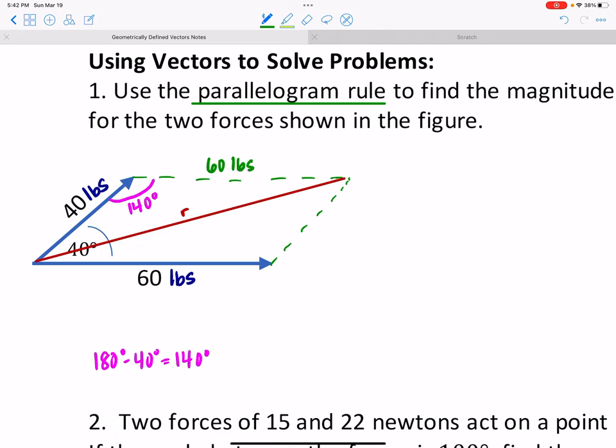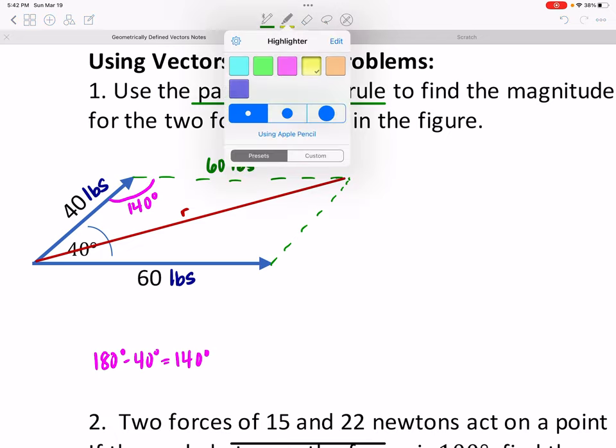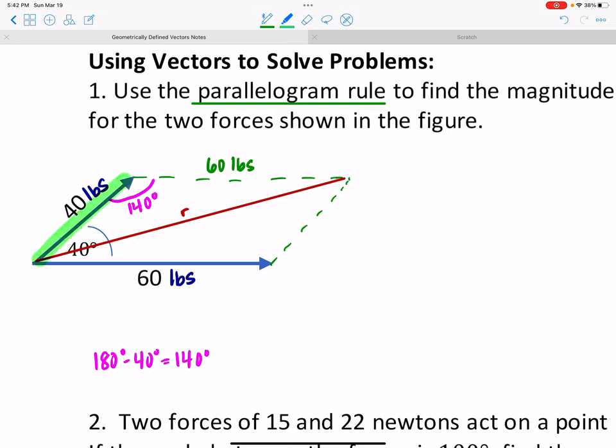And so looking at the triangle that's been created, this triangle right here, it's a little weird to think about 40 pounds and 60 pounds there, but we have those magnitudes, we have the lengths of those sides, we have the angle in between. What I have is a triangle that's guaranteed by side, angle, side. So I should be able to use the law of cosines to calculate the side opposite of that angle that's given.